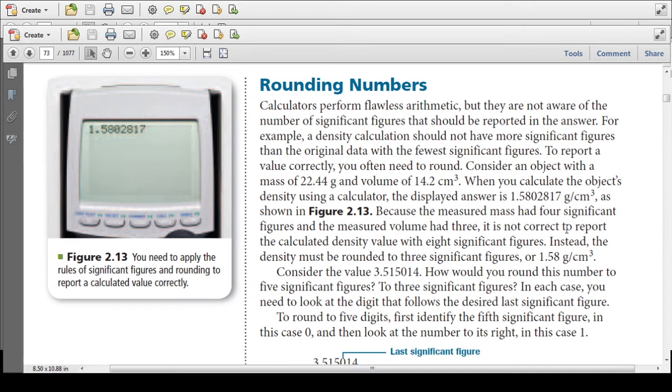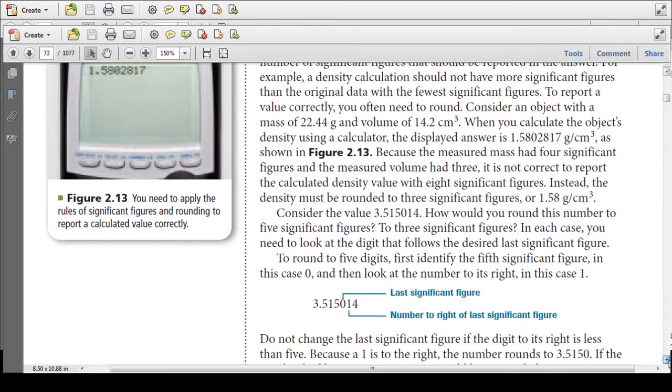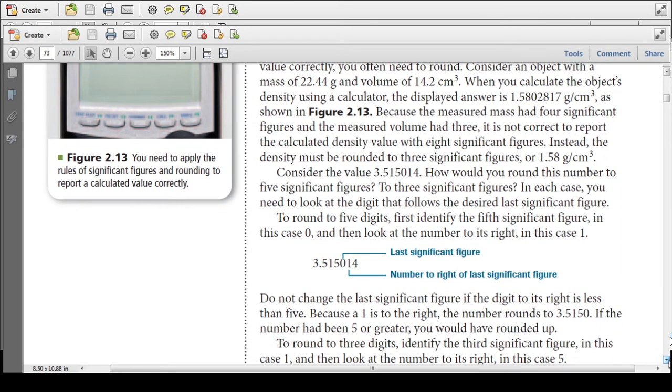Consider the value, I'm just going to highlight it. How would you round this number to 5 significant figures, and to 3 significant figures? In each case, you need to look at the digits that follow the desired last significant figure. To round to 5 significant figures, first identify the 5th significant figure. In this case, it is 0. Then look to the right of that number.